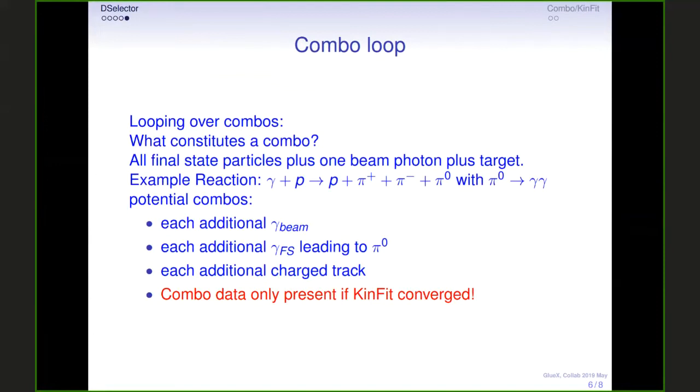But you're right, using the DSelector over your data, if at the end you say one combo survived, write out that event, then it will write out all combos, not just the one that survived.